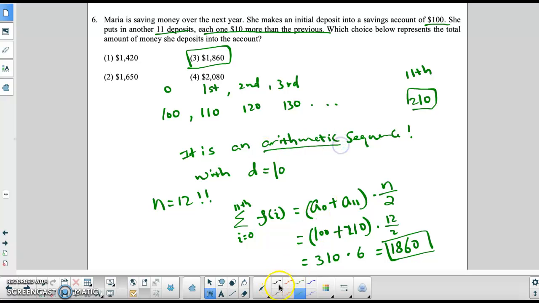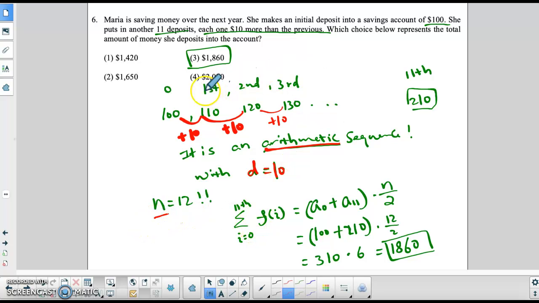It is an arithmetic sequence, because if you look at the numbers, each next term is always an extra 10, right? The common difference is 10. So d equals 10. We need to find n.